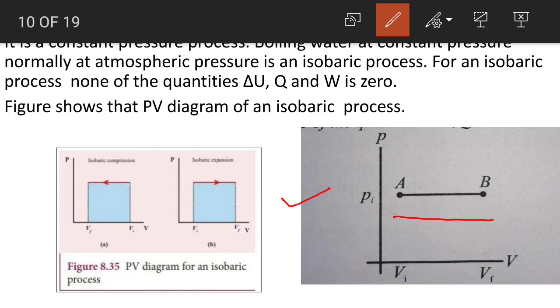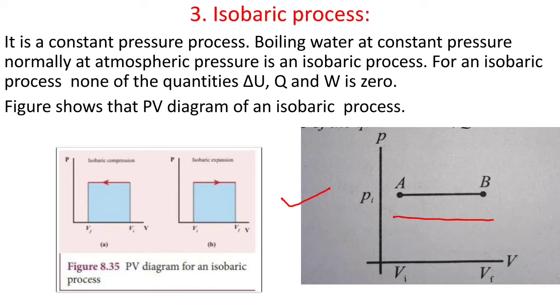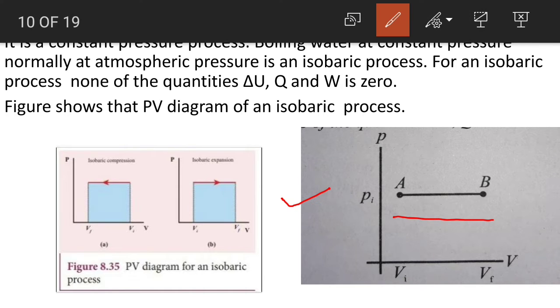If the process moves towards the right, then it is an expansion. And if the process moves towards the left, then it is a compression.